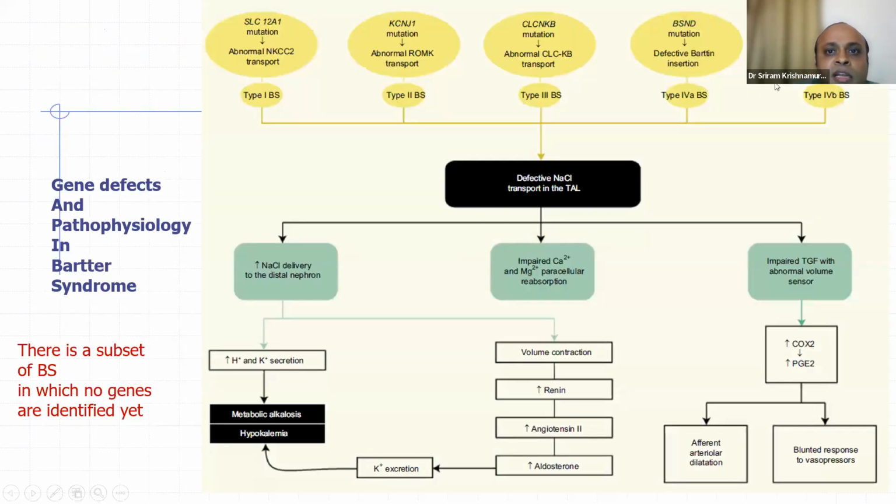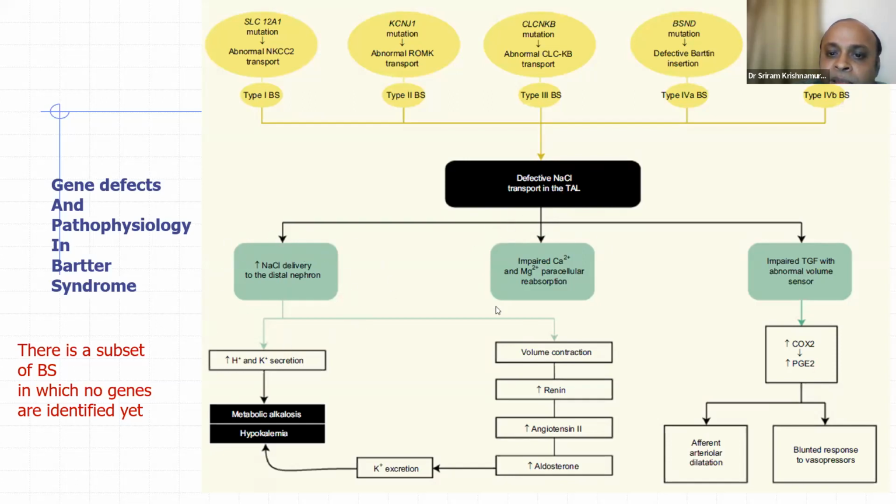So irrespective of the type of the mutation, whether it is type 1, type 2, type 3, 4A, or 4B, ultimately what leads is that there is defective sodium chloride transport in the TAL. This leads to increased sodium chloride delivery to the distal nephron.